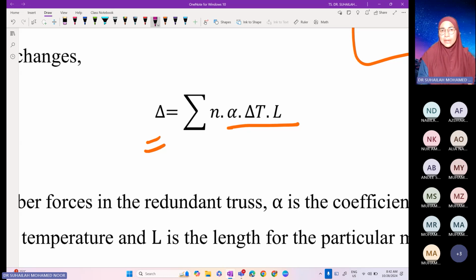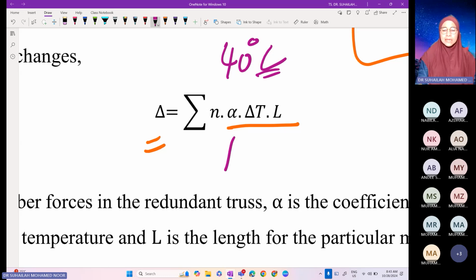Sebab bila ada temperature changes, for example 40 degree Celsius, mention member AB has temperature increase of 40 degree Celsius, dan kat sini dah masuk unit degree Celsius dalam formula. So bila masuk unit degree Celsius dalam formula, kita kena neutralkan ataupun cancel the degree Celsius by considering alpha.